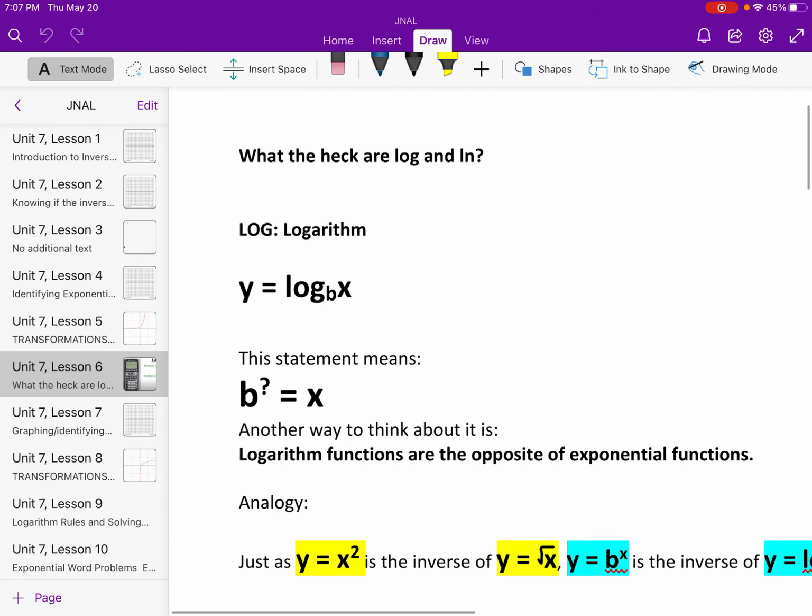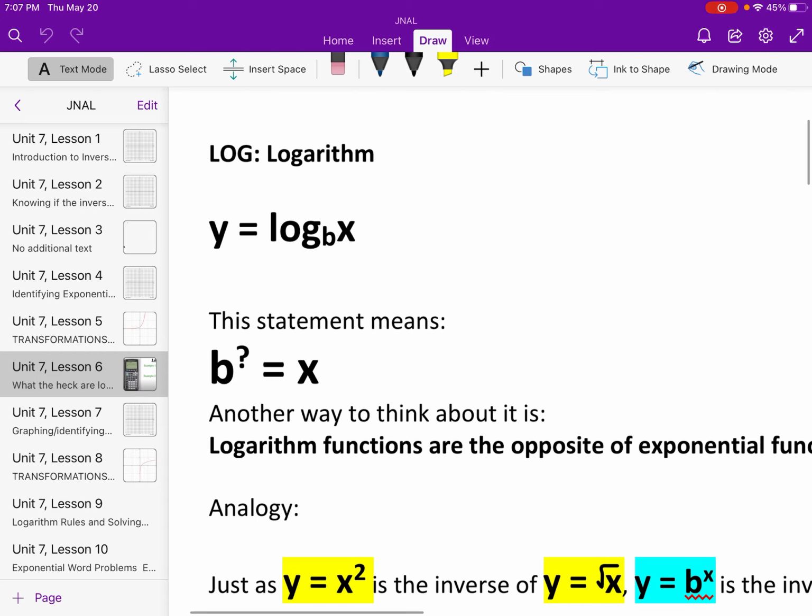So as I said, log is logarithm, and the pretty much parent function for this function is y equals logarithm of base b of x. That might be kind of strange, but really what this means is b to what power equals x.